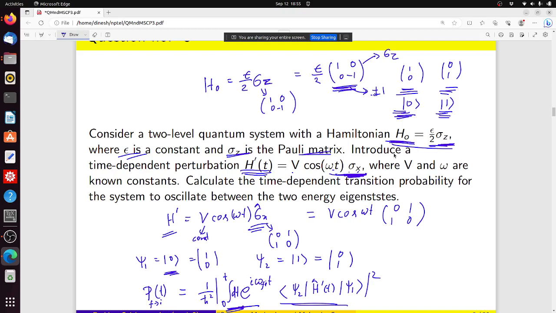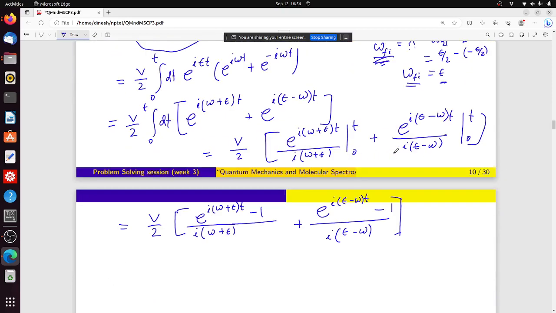So we can project this sigma x to the sigma z direction. Okay, sir.